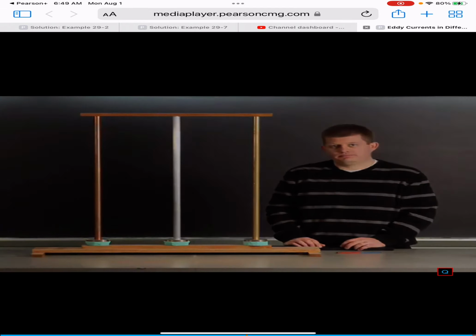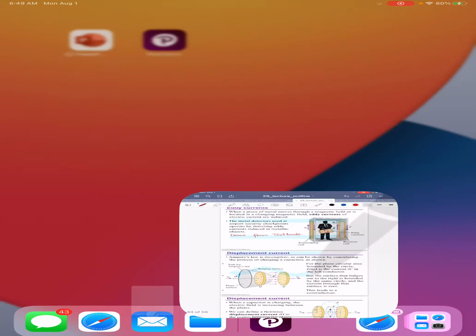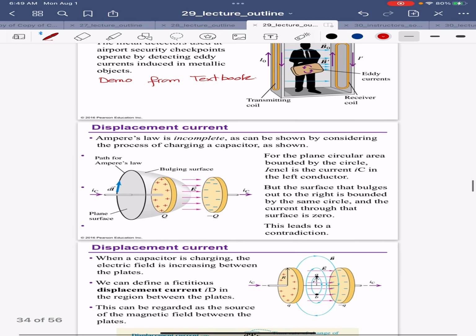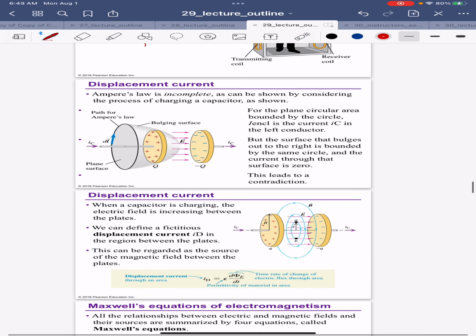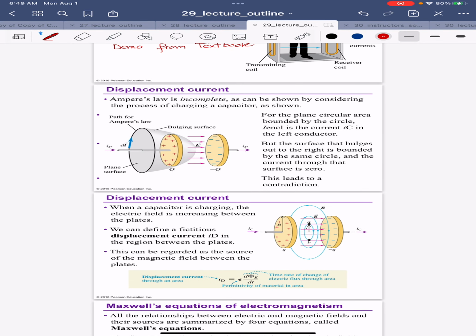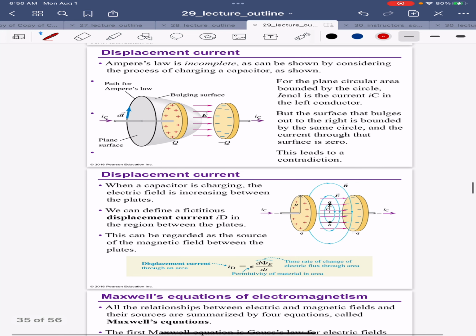Okay, then this is really talking about eddy currents. Now, we also have another type of current we're going to look at, which is called displacement currents. And really Ampere's law, the one that we introduced before, is incomplete. In order to make a correction, we need to say that when we have a capacitor that is charging, the electric field is increasing between, of course, the 2 plates.